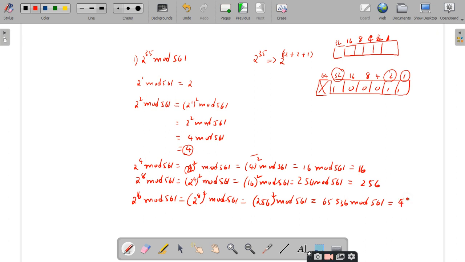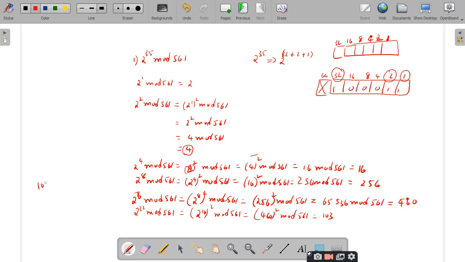It is 460. Now 2 power 32 mod 561 is 2 power 16 whole square mod 561, that is 460 whole square mod 561. 460 into 460 mod 561 gives 103. Now I have to calculate 2 power 35 mod 561.